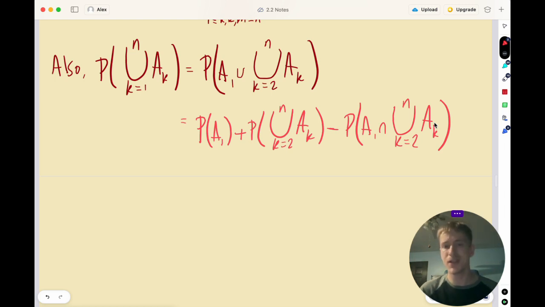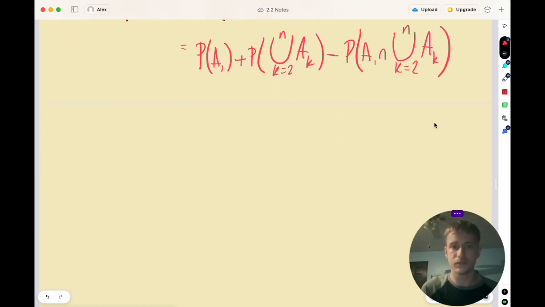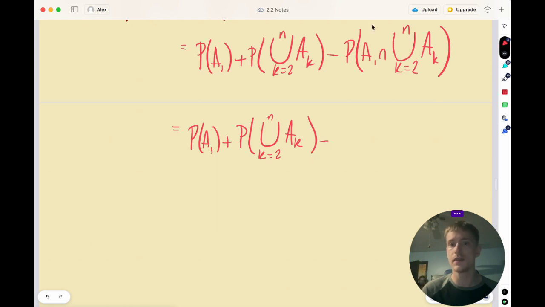Okay, so let's talk about this for a second. This is going to equal the probability of A1 plus the probability of something that we can manage, right? Because we're assuming the theorem holds for the first n-1 events, or any n-1 events, minus, now this intersection is going to distribute among all the ones in this union.